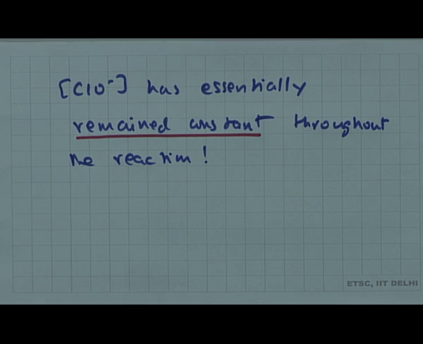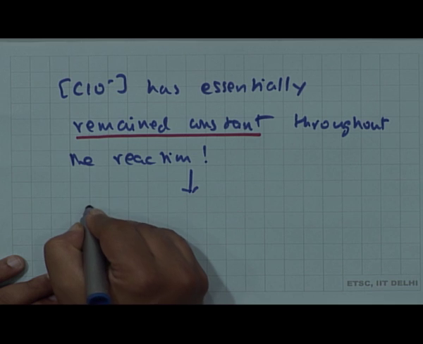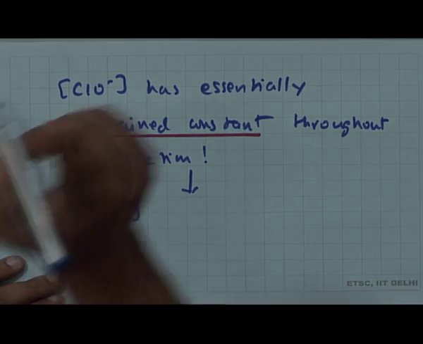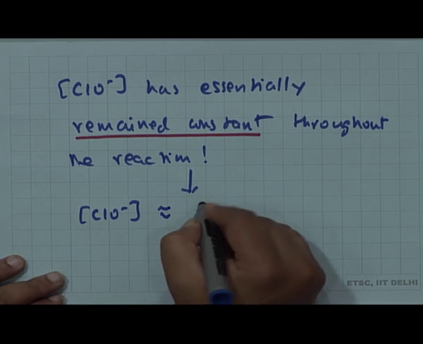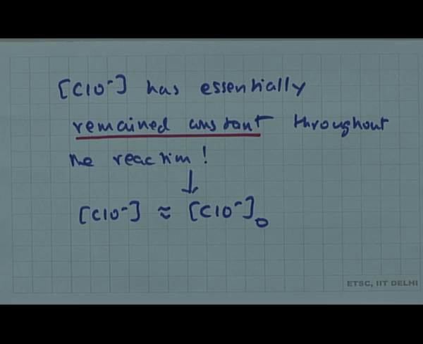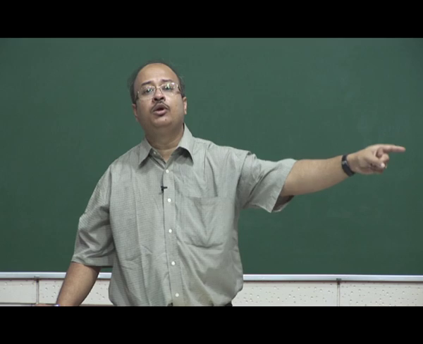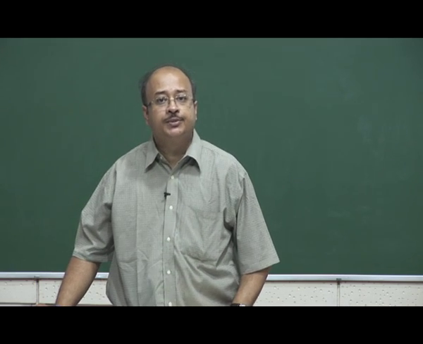Now, if that is so, then if the ClO minus has remained constant, I can treat ClO minus even at Tn to be almost equal to its initial value. Why? Because it has not changed at all. So there is no problem if I make this assumption that the concentration of hypochlorite, having not changed that much at all, is essentially equal to the concentration I started with, which is the initial concentration, right.